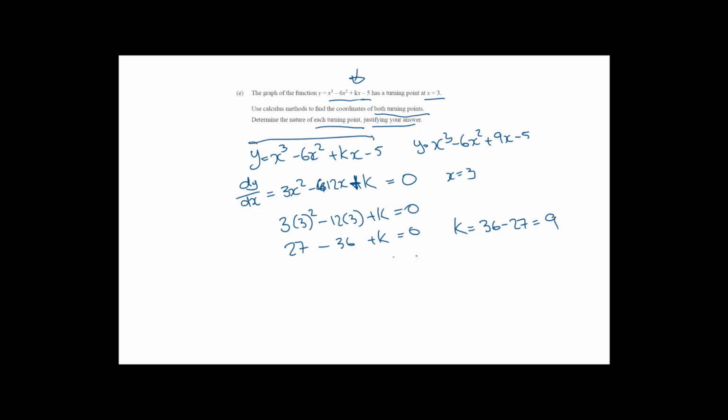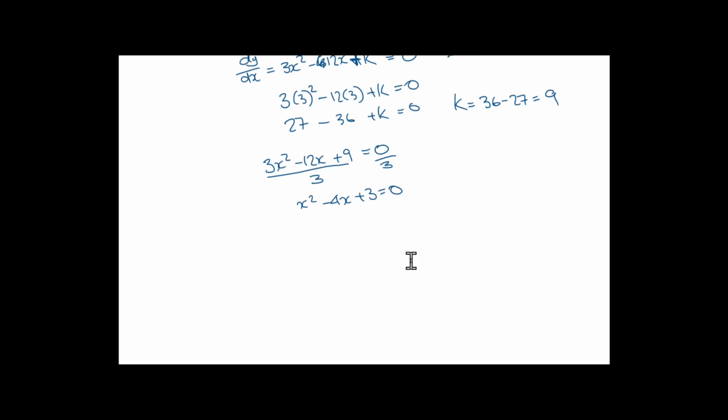And then find the turning points. It's already differentiated for us, but now we know that k is 9. So 3x squared minus 12x plus 9 equals 0 at the turning points. Straight away I'm going to divide both sides by 3. So we've got x squared minus 4x plus 3 equals 0.